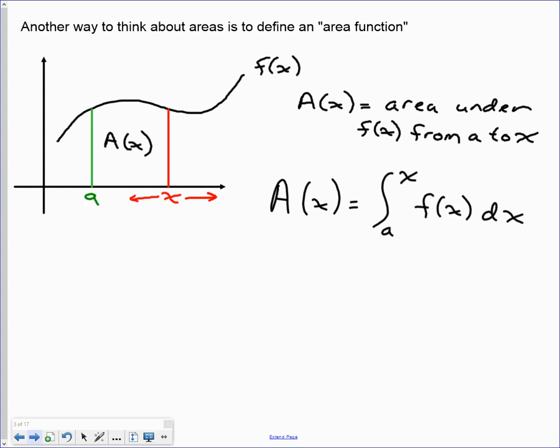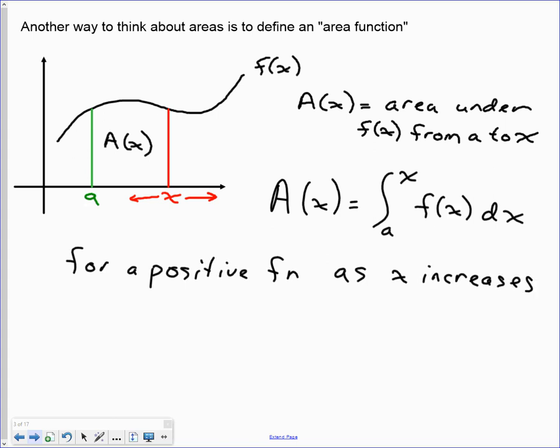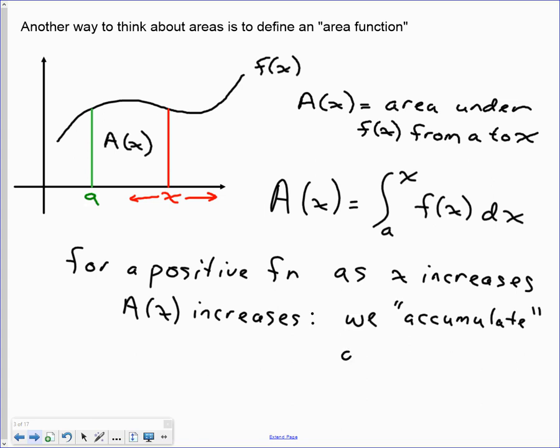So we could even summarize something like, for a positive function, f at x always greater than 0, as x increases, A at x increases. So A at x is basically like an area accumulating function. We accumulate area under the curve as we increase x.